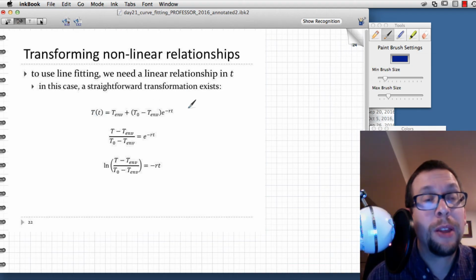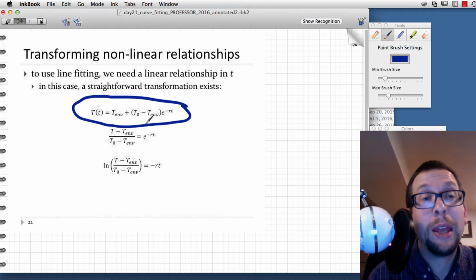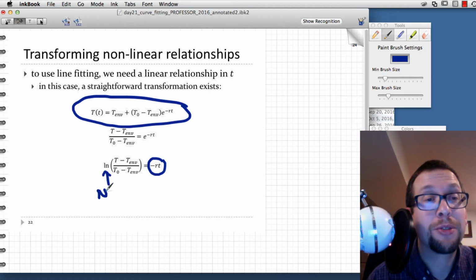Now it turns out that you can reformulate that equation in a way to isolate for R and T. And that's by introducing a natural logarithmic function that is a function of ratios involving temperature. Okay, that's effectively what you're doing right in here.